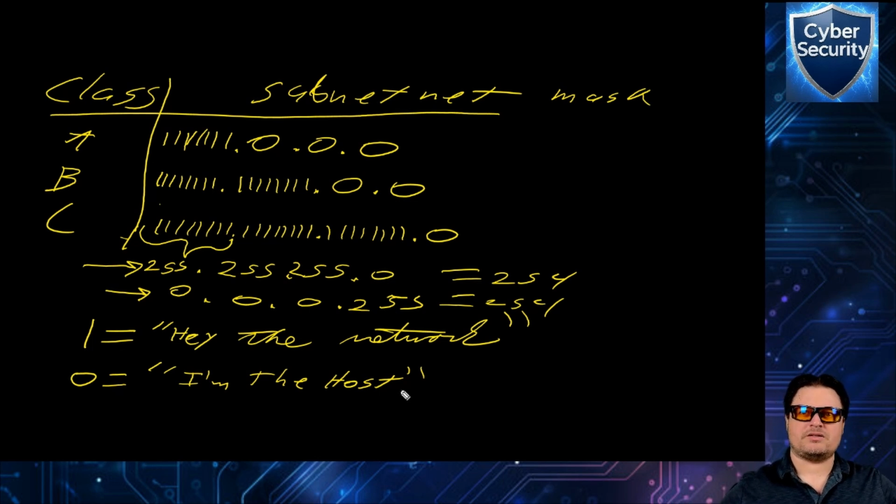But technically, this is what a subnet mask consists of: ones and zeros, ones representing the network, zeros representing the hosts. The default is 255.0.0.0 for A, 255.255.0.0 for B, and so on.